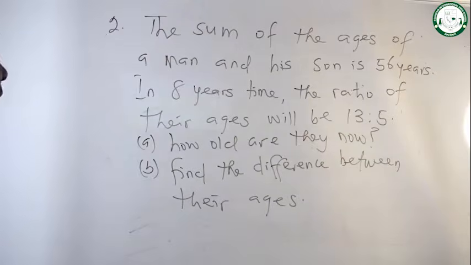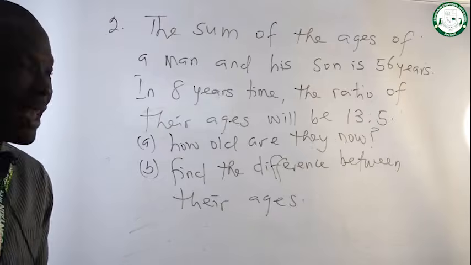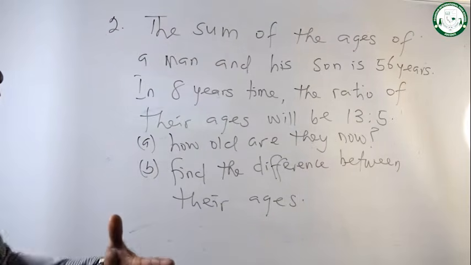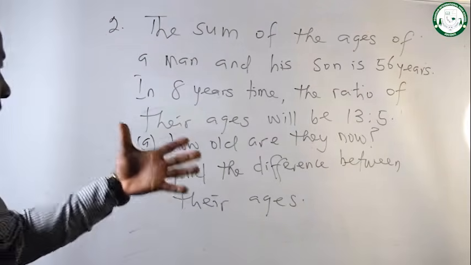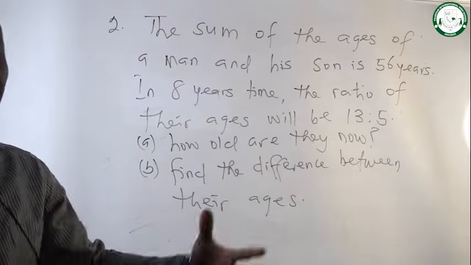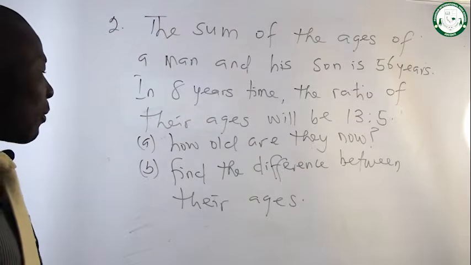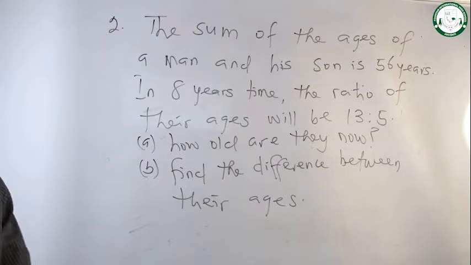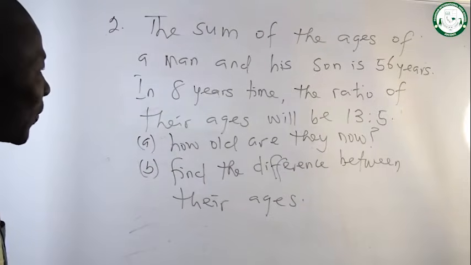Let me go through the question again. The sum of the ages of a man and his son is 56 years. In 8 years' time, the ratio of their ages will be 13:5. They're now asking us how old they are now, and at the same time, we should find the difference between their ages. You will agree with me that this is a word problem question.